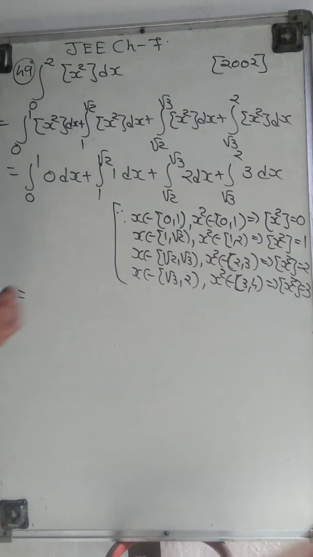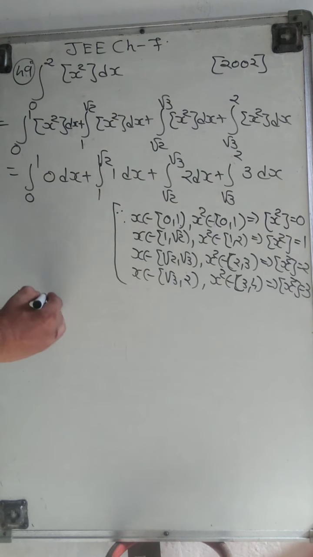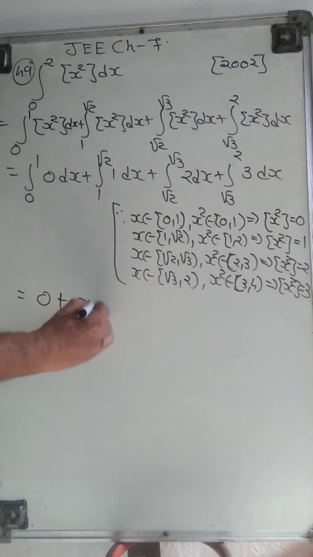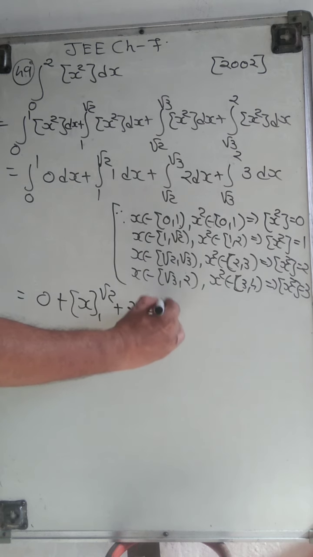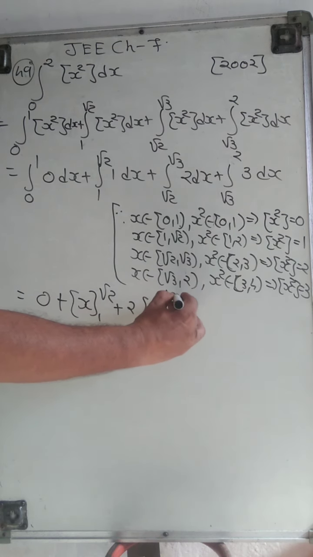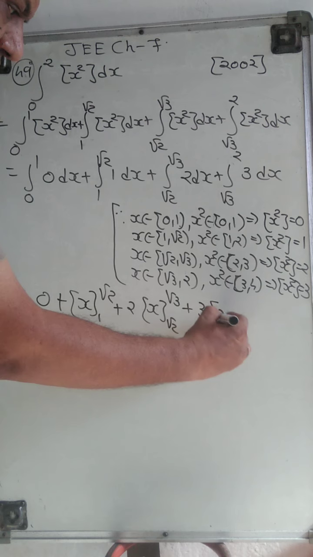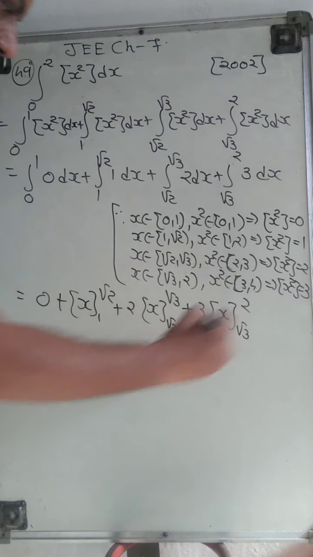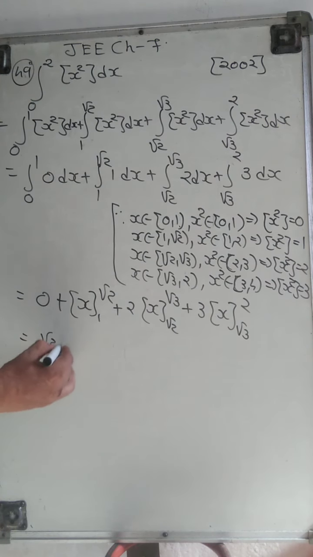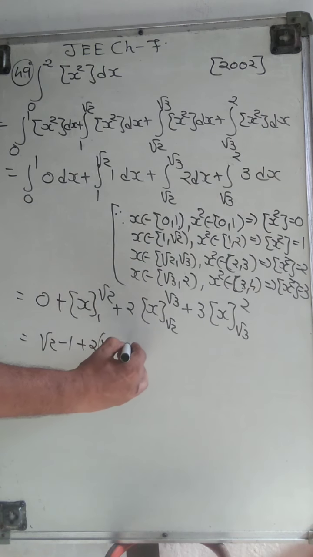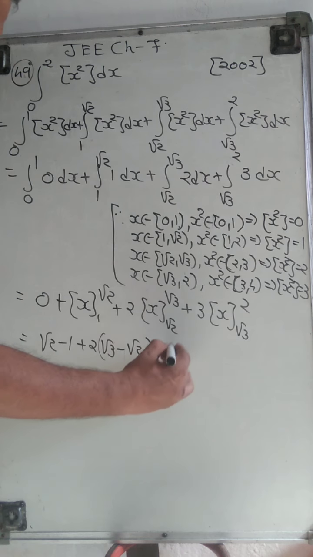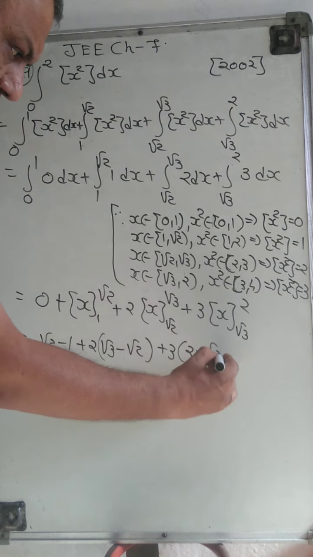So here, first of all, 0's integration is equal to 0 plus 1 times (1 to root 2) plus 2 times (root 2 to root 3) plus 3 times (root 3 to 2). So it is root 2 minus 1, plus 2 into root 3 minus root 2, plus 3 into 2 minus root 3.